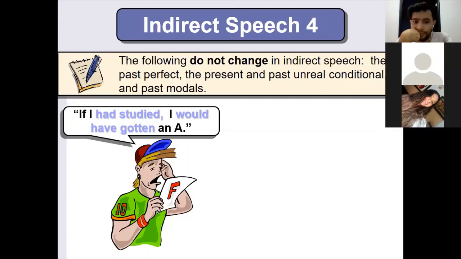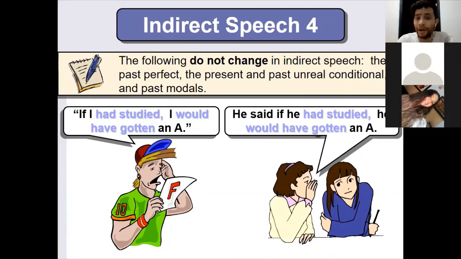All right, but how do you put this sentence into reported speech? He said if he had studied, he would have gotten an A. Yeah, just the same, right? Take a look. The sentence is just the same, right? Nothing changes. Everything stays the same, right?